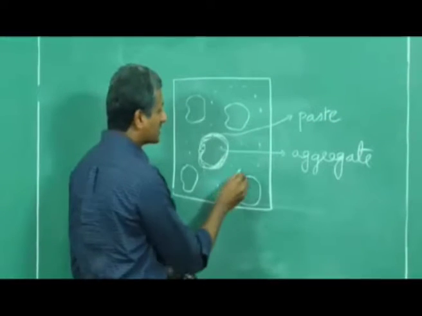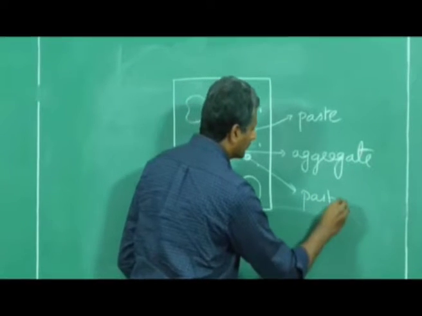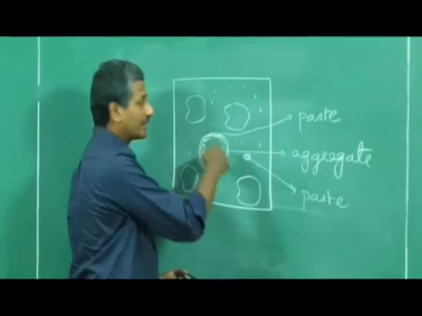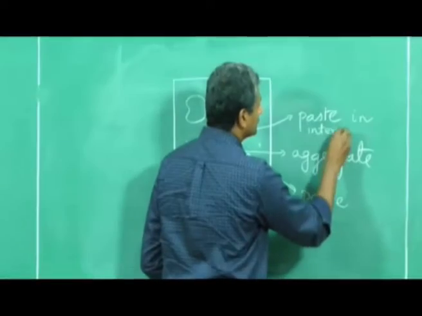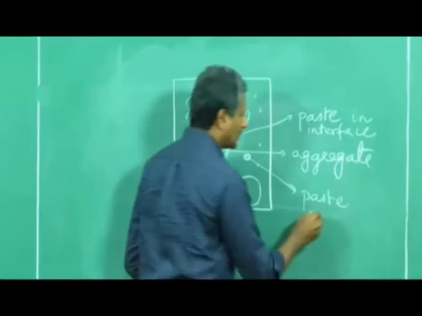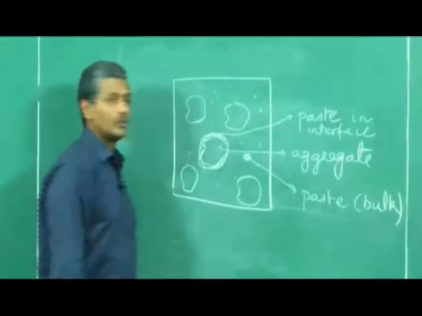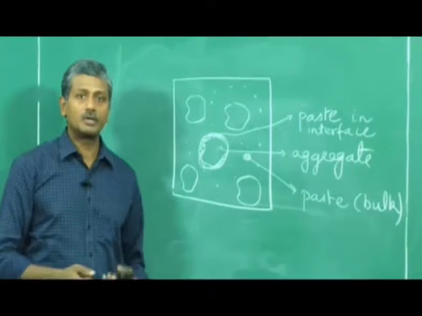And then you have paste that is away from the aggregate here, that is also paste. The only difference is this paste is in the zone of bonding with the aggregate, so that is paste in the interfacial zone, and this is paste which is in the bulk, okay.